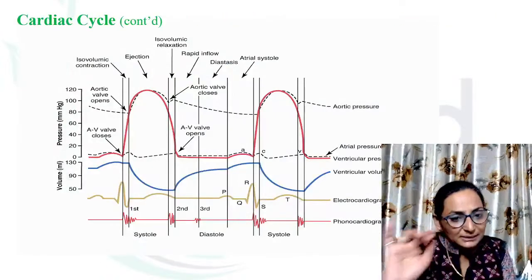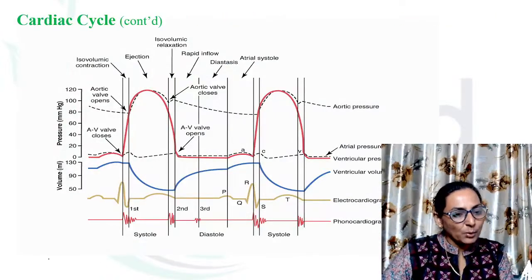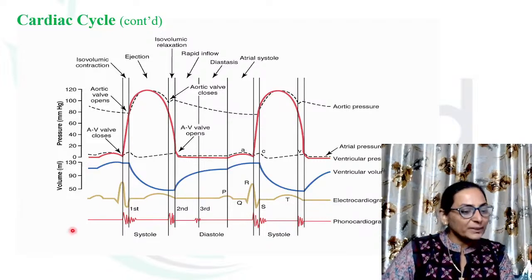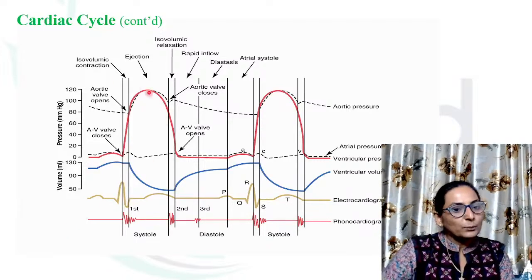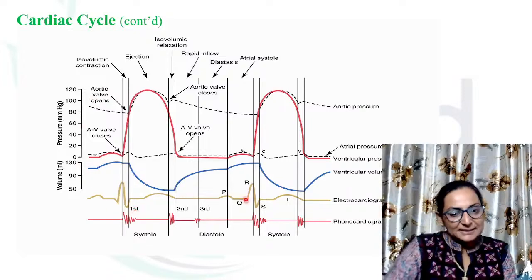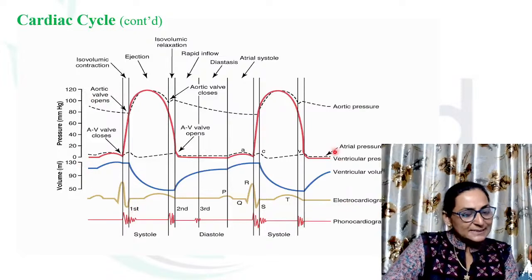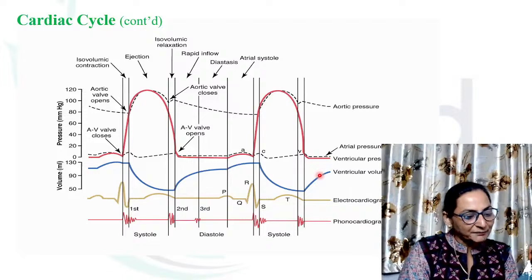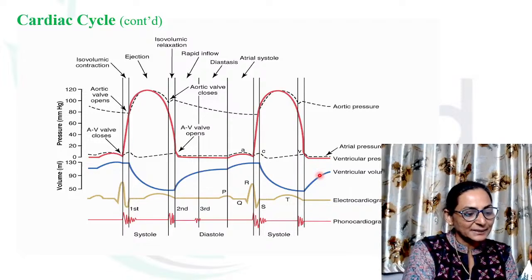Now, this is very important, which we will take in the form of Wiggers' diagram. Wiggers' diagram reflects on the same graph heart sounds, that is the phonocardiogram, the ECG, the recording of the electrical events, and pressure and volume changes. All of them are reflected on the same graph.